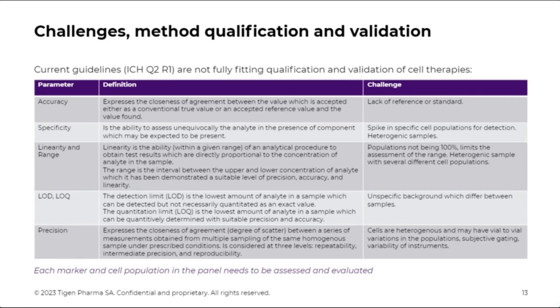And here is the problem that we don't have a reference or a standard. The specificity is that we need to make sure that our antibodies are specific and the data that we are getting is specific for what we are measuring. And here we have the heterogenic samples that are posing a problem.